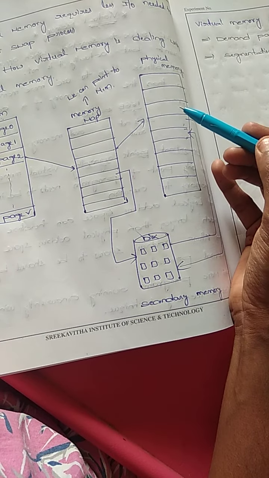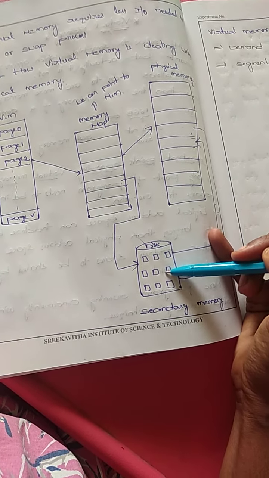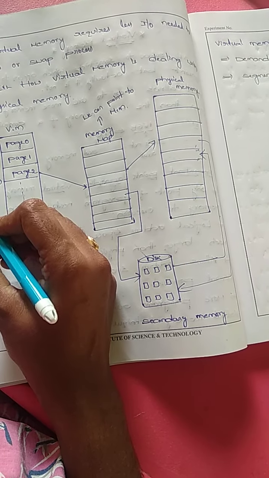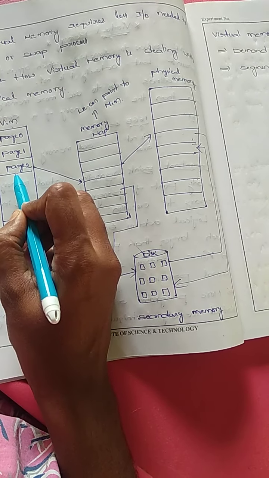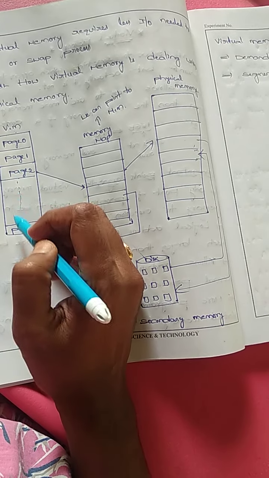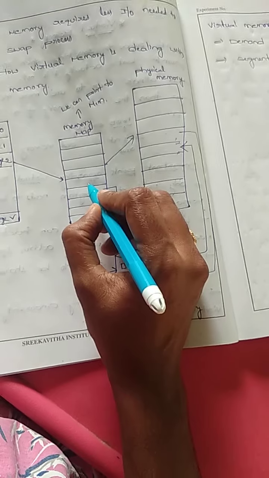Two memories we have: one is the physical memory and the second one is the secondary memory. Whatever program the programmer writes first uses the virtual memory. This virtual memory is converted or sent to the memory map.